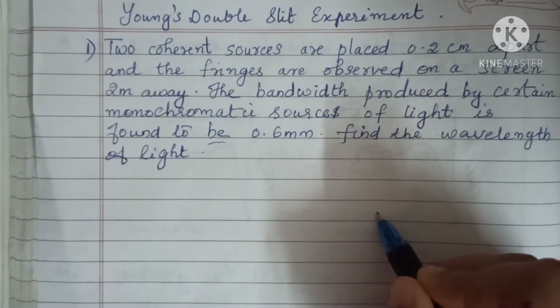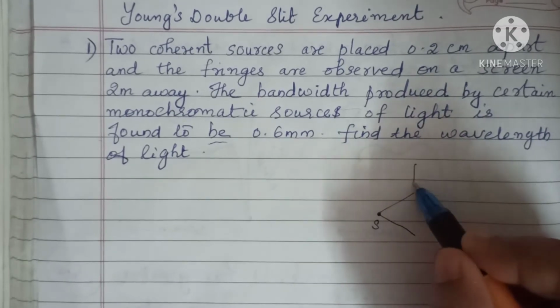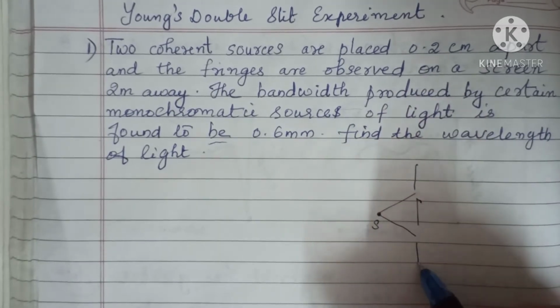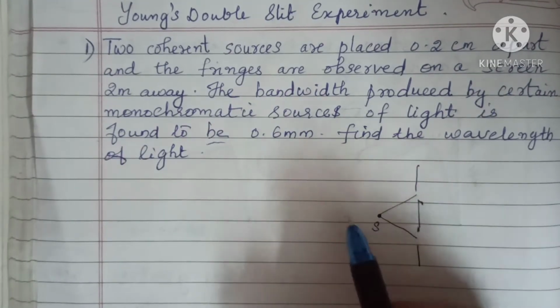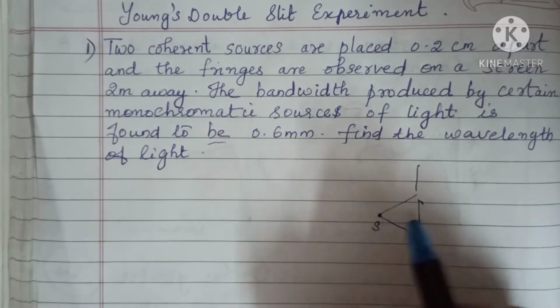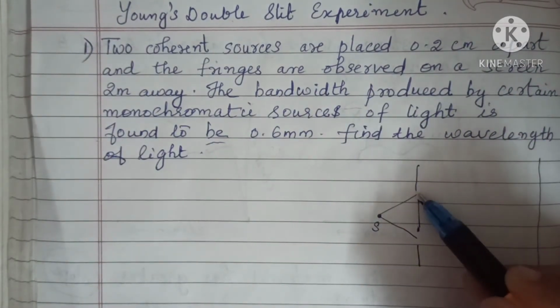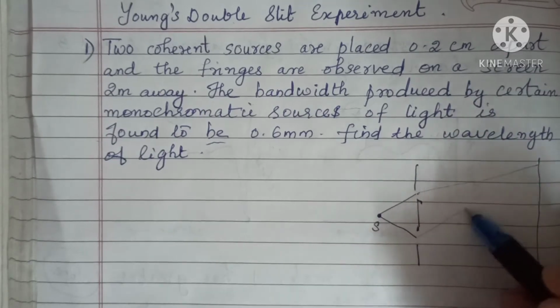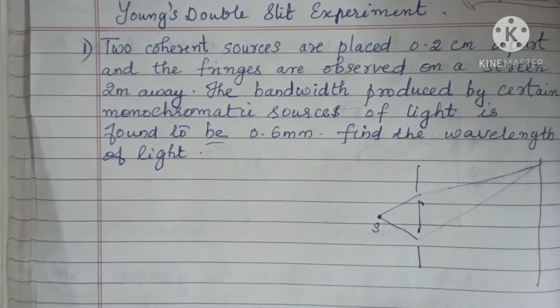That means you have a single source, then with the help of two slits you are making coherent sources, isn't it? This is a monochromatic source. Now, if there is a screen here, it will produce the interference pattern on the screen. It can be bright, dark, etc.